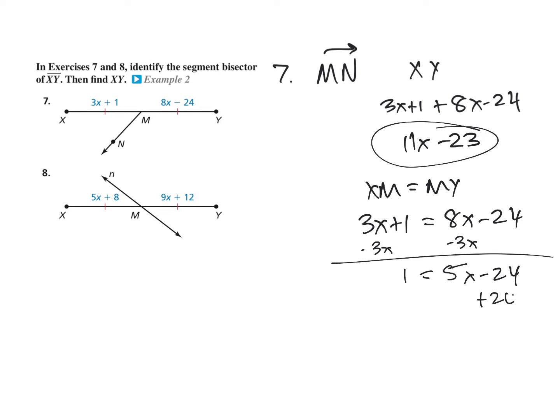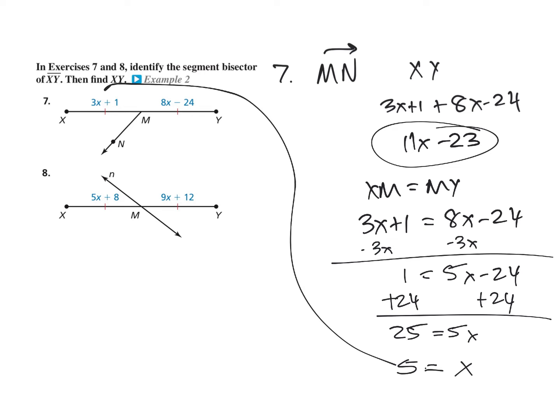We add 24, and you get 25 equals 5x, so x is equal to 5. That's not the answer. You have to plug it back in. If x is 5, then you get 15 plus 1 is 16, and that means MY is 16. So the answer is 32.